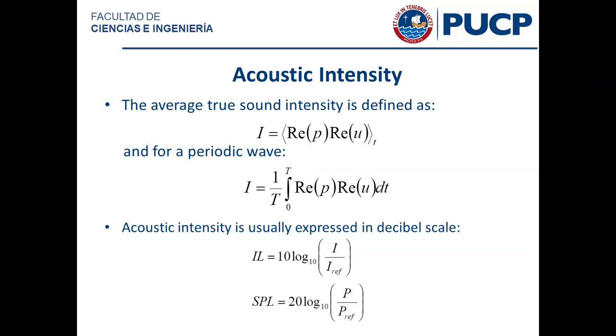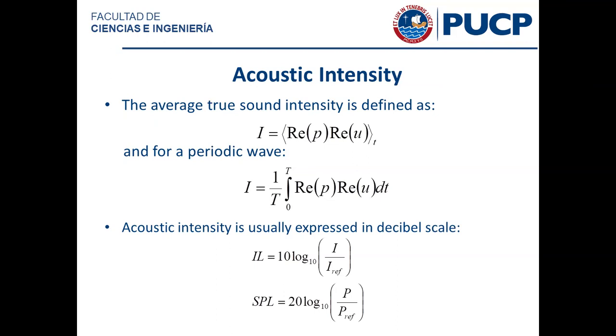Even though both look kind of different, the reason for them being completely equivalent is that you can demonstrate, for a periodic wave, or for a plane wave in particular, that the intensity is proportional to the pressure squared.